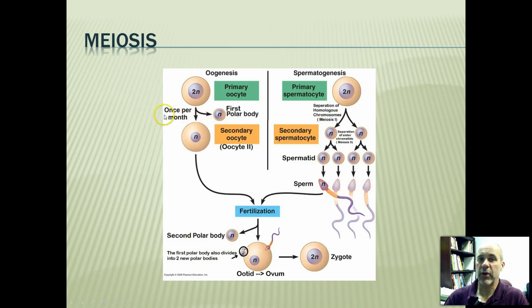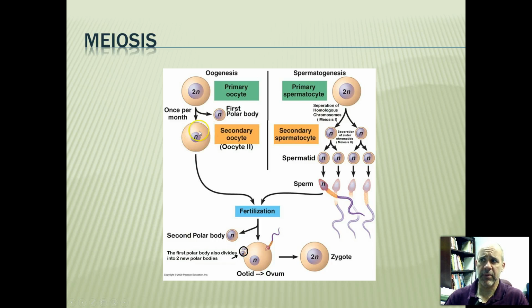It undergoes meiosis 1. If you go back and review meiosis 1 and 2. The cell divides into two. The other one is a little small cell, which is really just a nucleus with a little cytoplasm around it, and that's called a polar body.